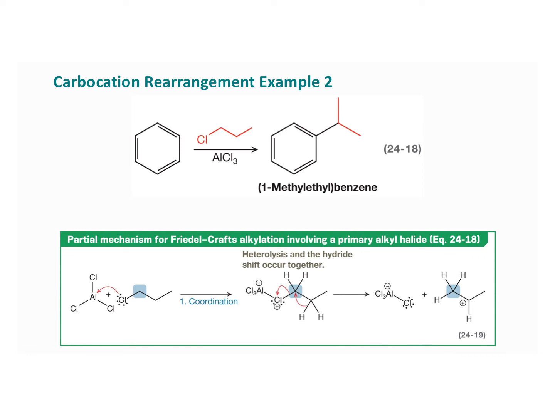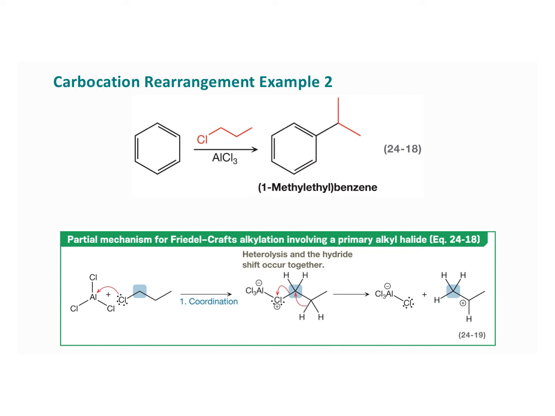And so what happens is heterolysis and the hydride shift occur together. The hydride shifts here, and then you get heterolysis, and you get a secondary carbocation, which is a lot more stable than the primary carbocation. So if you've got a situation where you're going to have a primary carbocation, it's going to go through a rearrangement to give you a secondary carbocation. So we really have to watch for carbocation rearrangements.